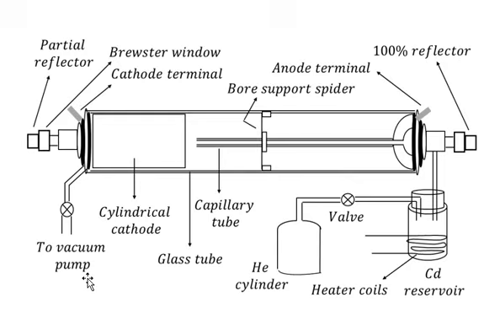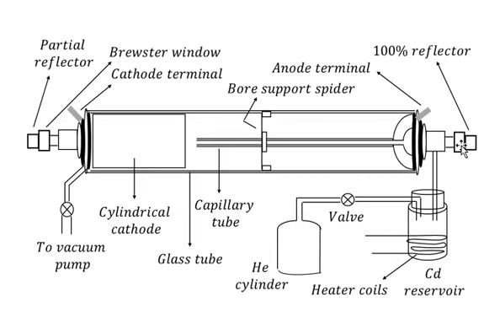To maintain the pressure of the gases, you connect a pump for evacuation. This is a 100% reflector over here and a partial reflector over here, so you can get the output beam from this end. This is the Brewster window, and there is also a Brewster window over here which has not been marked.